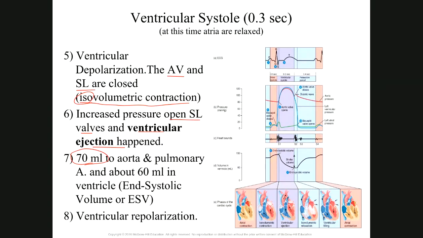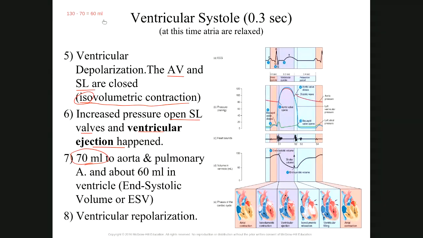Do you remember we have 130 milliliters of blood? Now 70 milliliters go to each of our arteries, and the result is 60 milliliters. So 60 milliliters of the blood remain in the ventricles.